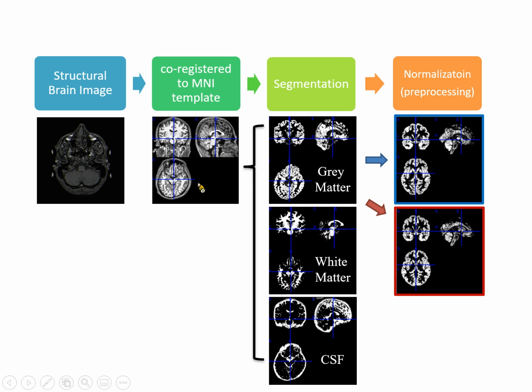So we need to convert this shape to the standard shape. And then we can do the segmentation to divide the brain into gray matter, white matter, and CSF areas. Then we can also do some normalization, and derive the standardized, normalized probability for each voxel.